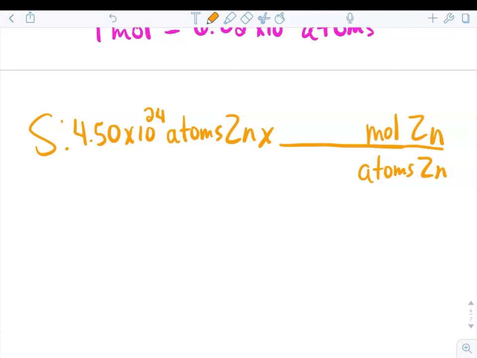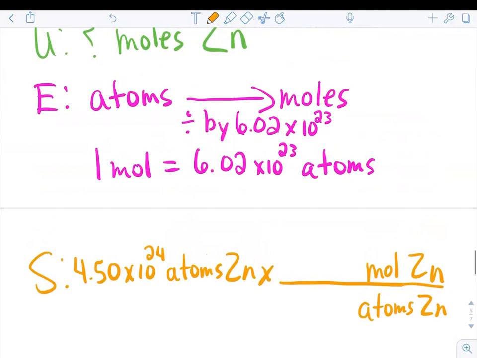Okay? And notice I did that without plugging in any numbers. Then we plug in. If you remember, I told you I wrote it on the bottom because that 6.02 times 10 raised to the 23rd goes on the bottom of my fraction, and the 1 goes with the mole. Okay?